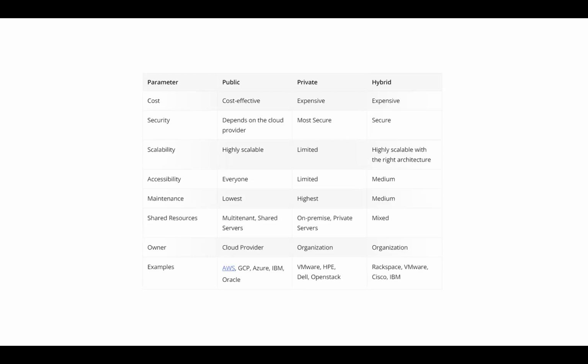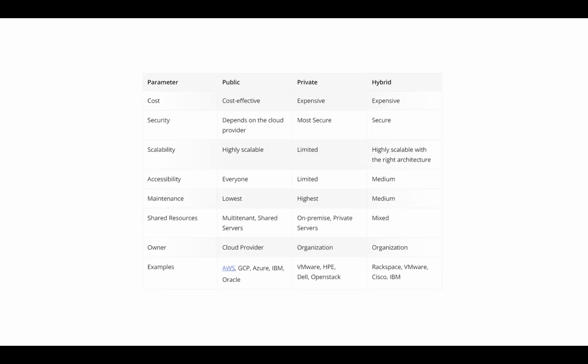And coming to the shared resources, it is like multi-tenant or shared servers. Shared resources means in what parameters and what structure the users are sharing the resources. In the public, it is multi-tenant, shared servers. Coming to the private, it is on-premises, and those are all private servers. And hybrid is a mixed combination.